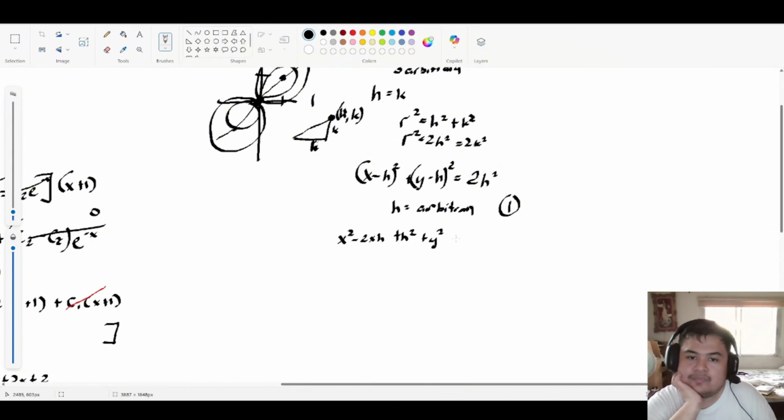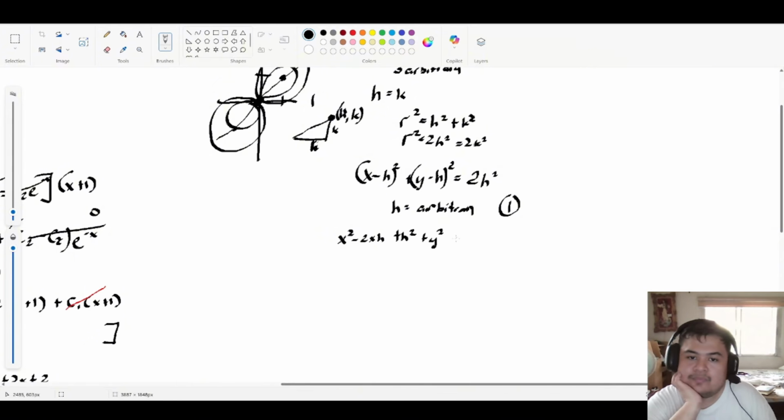Then I'm going to transfer the x and y to the opposite side and divide by x plus y. So we can eliminate 2h on the opposite side by differentiating. We're just going to use the quotient rule.